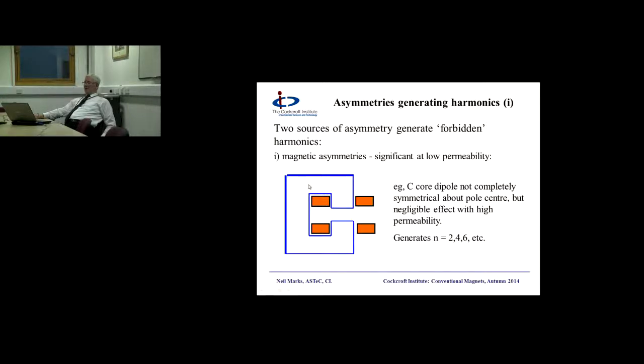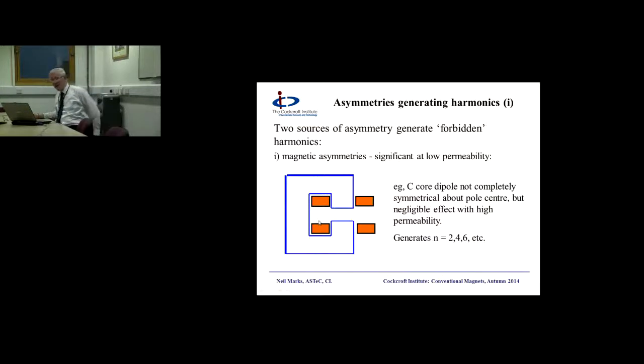Providing the relative permeability of this steel is very high, it's going to be a very small effect, because essentially it's going to look as if this is almost a symmetrical magnet. The lower the permeability, the worse it'll become. But at the very least, it's going to generate the harmonics that I've just said are going to be absent if you've got a fully symmetrical dipole. It's still going to allow n equals 2, and that's a quadrupole.